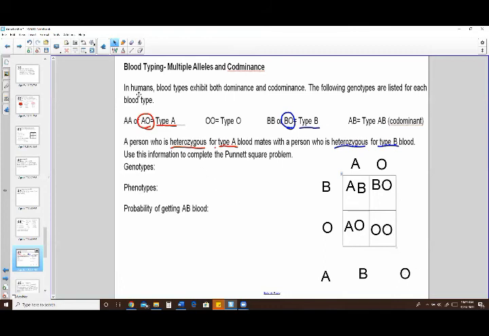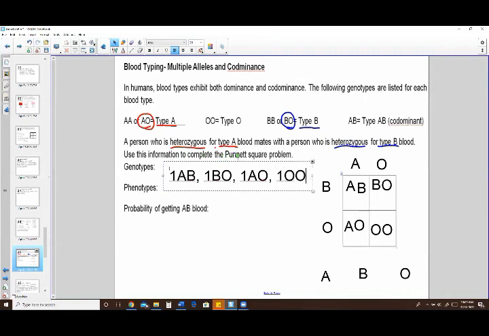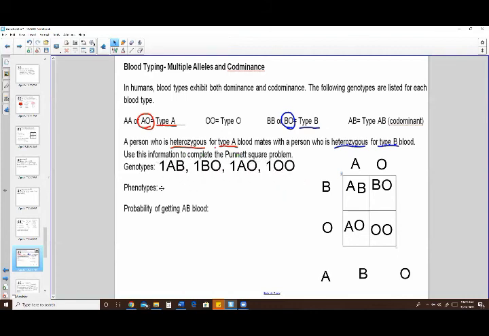Okay, so now we're going to write our genotypes. So in that square, I got 1 AB, 1 BO, 1 AO, and 1 OO. So those are my genotypes. All right, for my phenotypes, I'm going to look at these genotypes and figure out how many of each of the blood types I have.